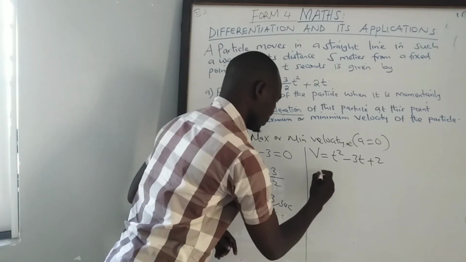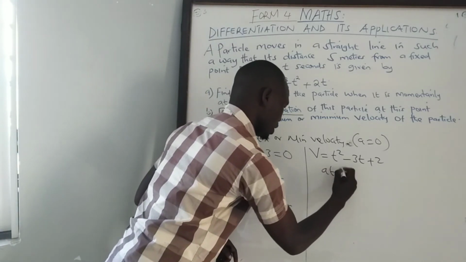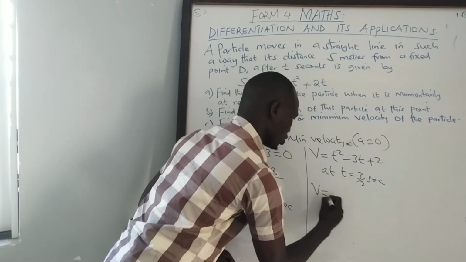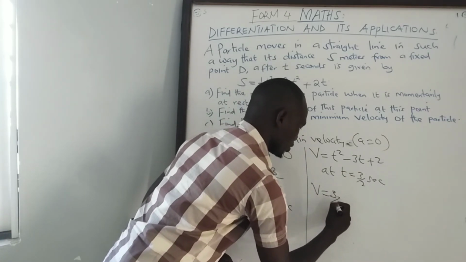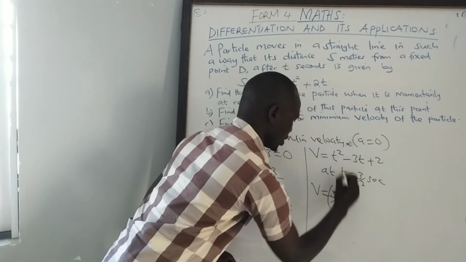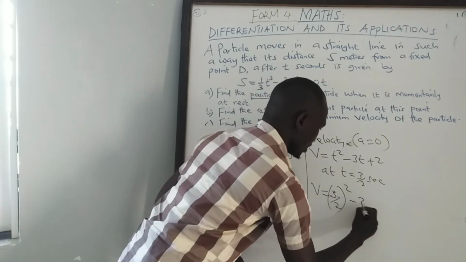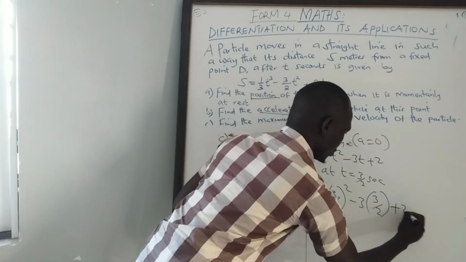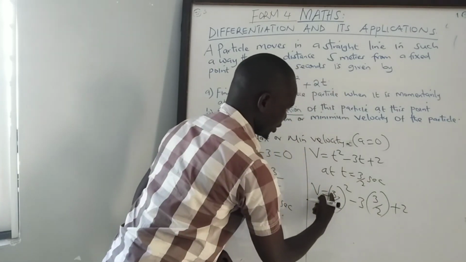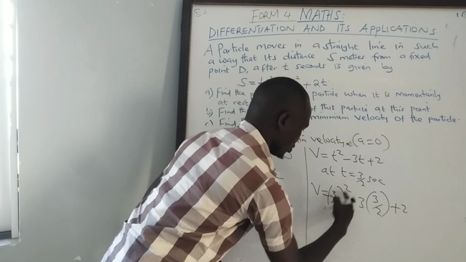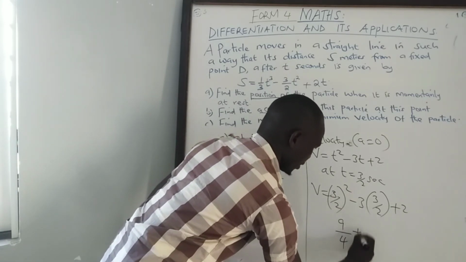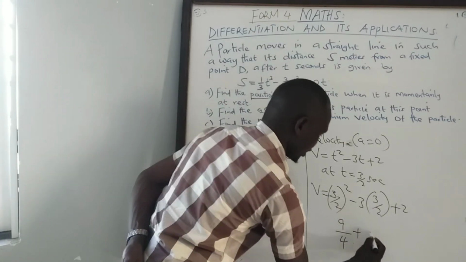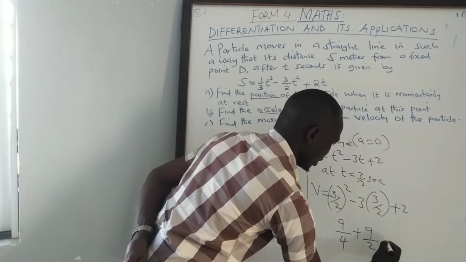So at t equals 3 over 2 seconds, our velocity is going to be equal to 3 over 2 squared, minus 3 times 3 over 2, plus 2. From here we know 3 squared is 9, and 2 squared is 4, minus 3 times 3 over 2 is going to give us 9 over 2, then of course plus 2.